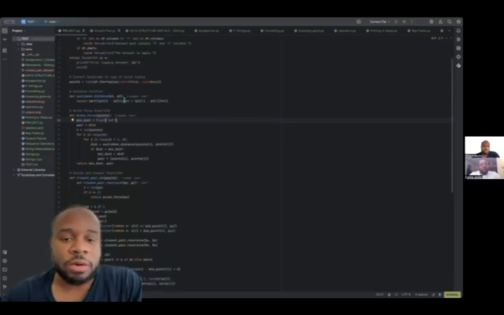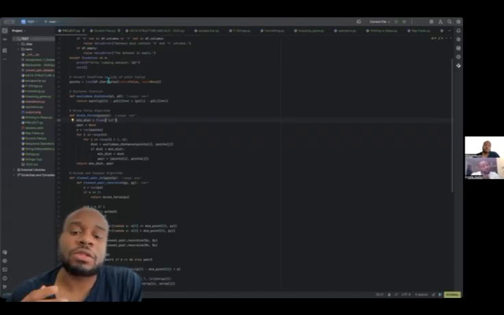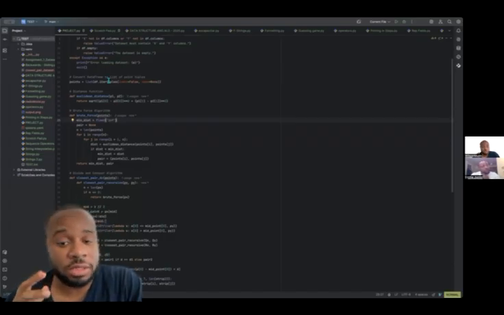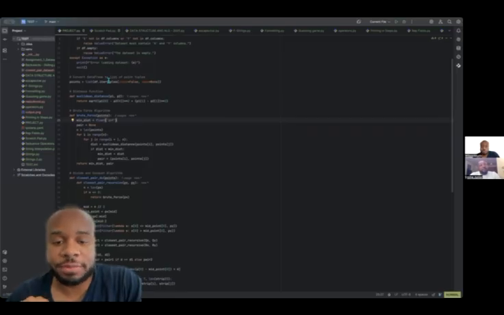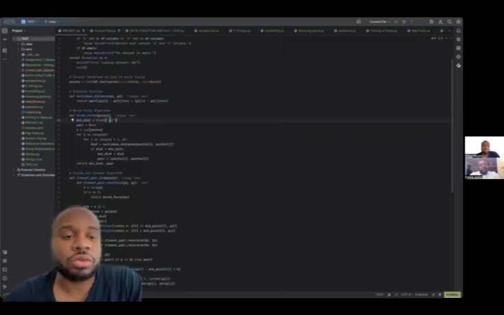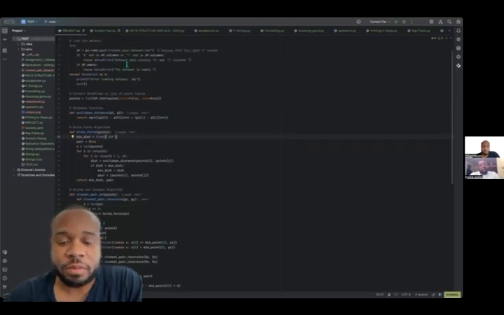The next step was to convert the data frame to a list of point tuples. After successfully loading the data, we converted it into a list of tuples. Each tuple represents a point in 2D space. This makes it easy to calculate the distance between points.